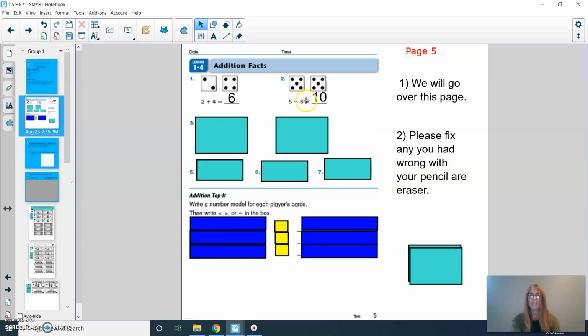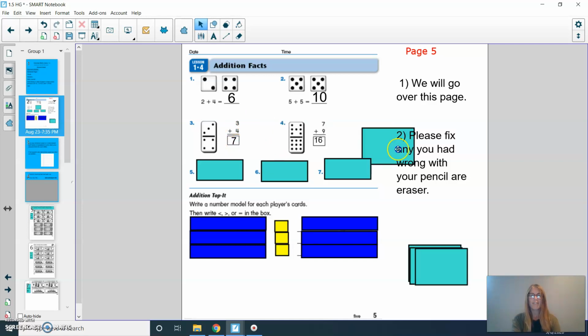Now maybe I know that 5 plus 5 is 10, or I also could have counted the dots on the dice. For question number 3, we were using dominoes. Again, I could count the dots on the dominoes, and I could see that 3 plus 4 is 7. And for number 4, I have 7 plus 9 is equal to 16.